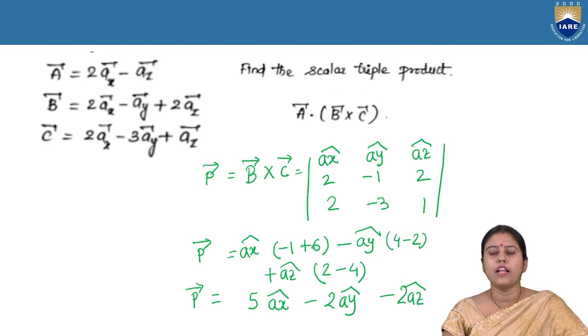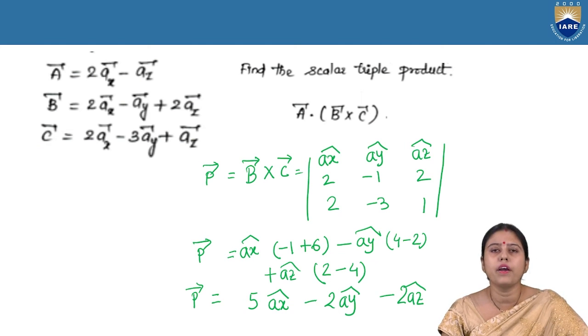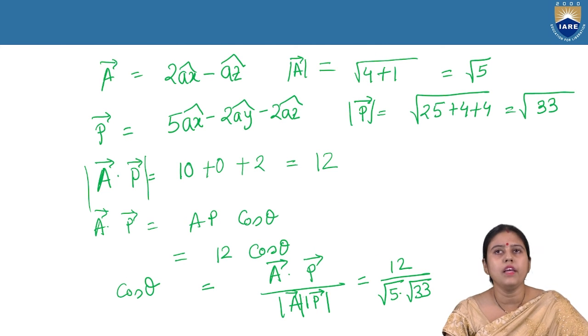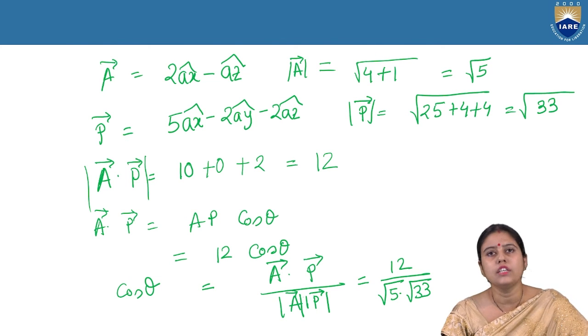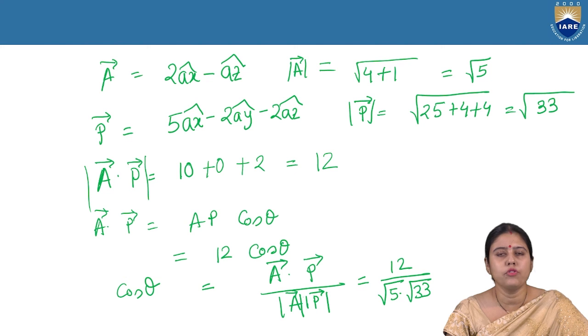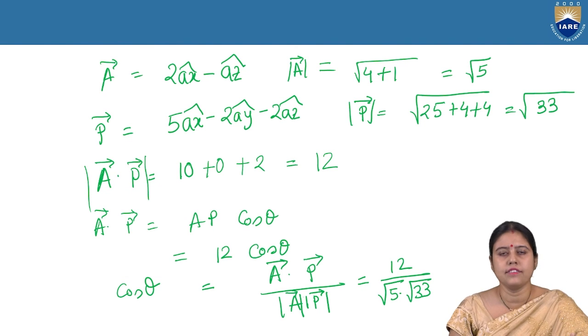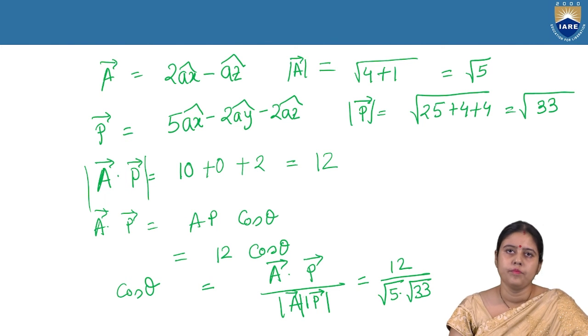What we will do? We will calculate the determinant of the matrix. So this is our new vector P, and P is equal to B cross C. Now we know the A vector that is given. P vector we have calculated. So A dot P. ax dot ax is equal to 1 in dot product.